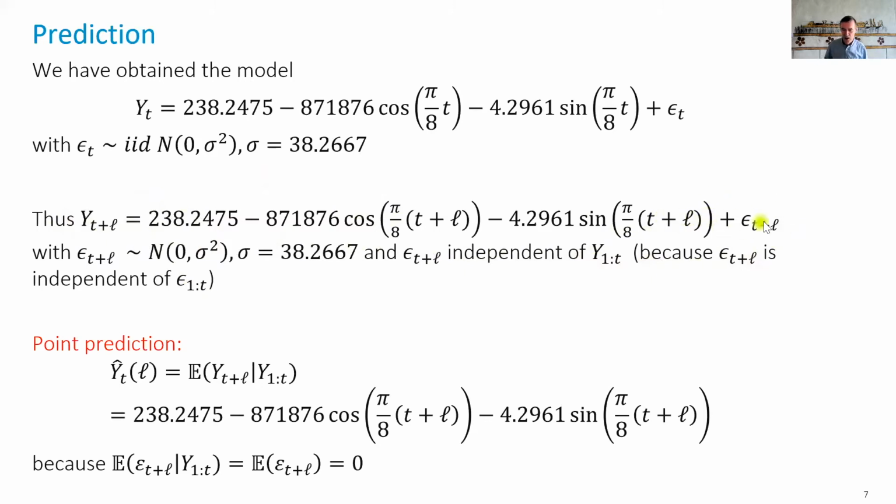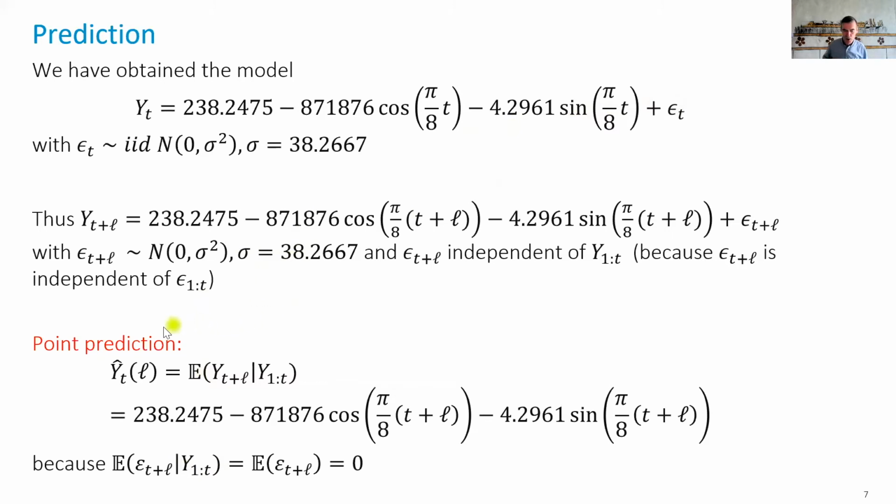So the only thing that we care about is the conditional distribution of epsilon t plus L given the past, which is given the past, as we have said, giving the past in y or epsilon terms is the same. There is a one-to-one mapping from epsilon to y here.